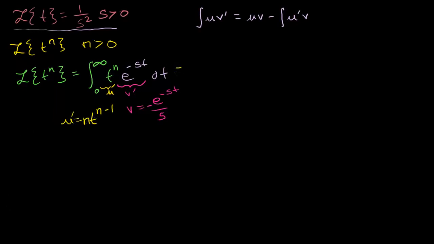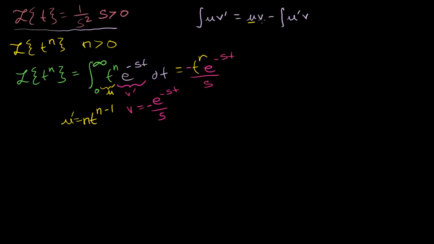So let's apply the integration by parts. This is going to be equal to uv. U is t to the n. That's our u. Times v, which is e to the minus st over minus s. So there's a minus sign there. So it's minus, I'm just rewriting this, e to the minus st over s.